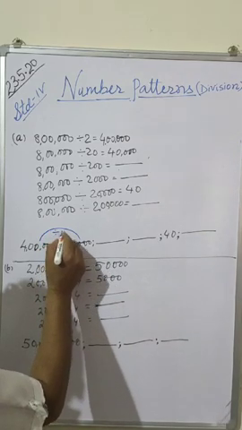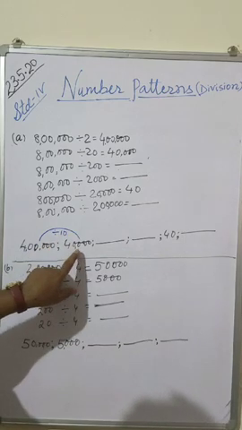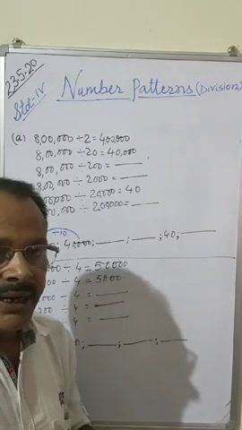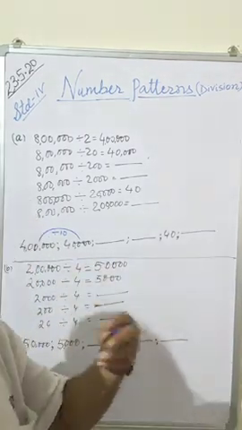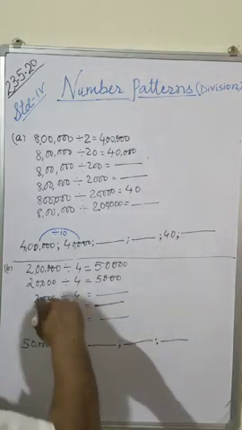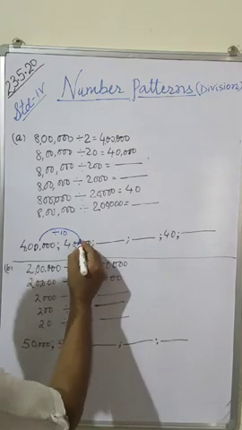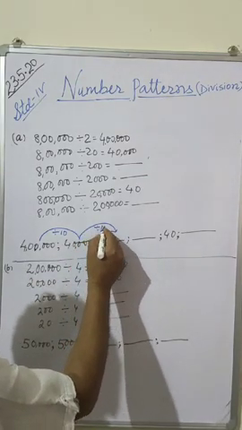divided by 10. If 4 lakh divided by 10, this is 40,000. Now you get pattern. Oh, 10 times we have to divide to get the required answer. So same pattern you have to use till last. So again you have to do this 10 divided by 10.